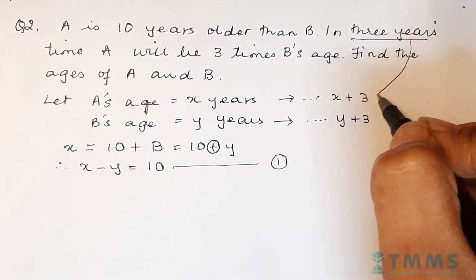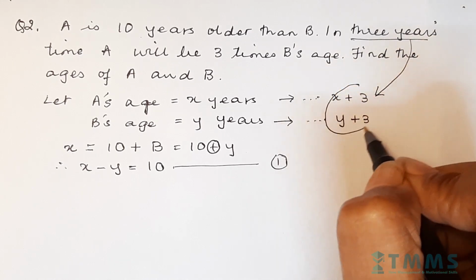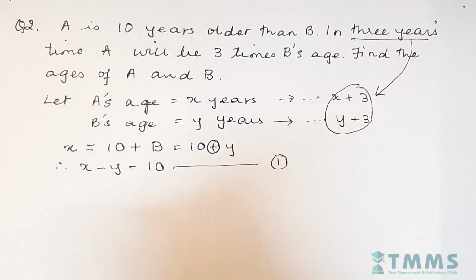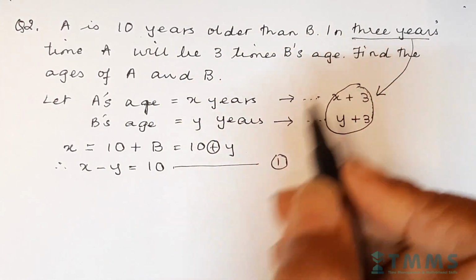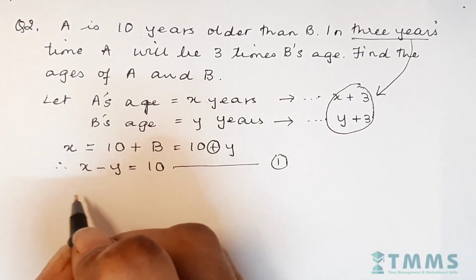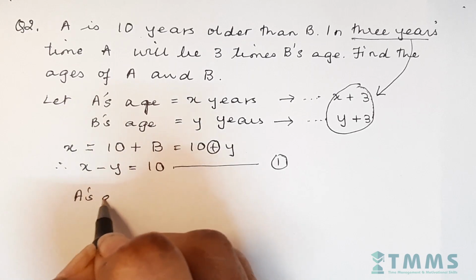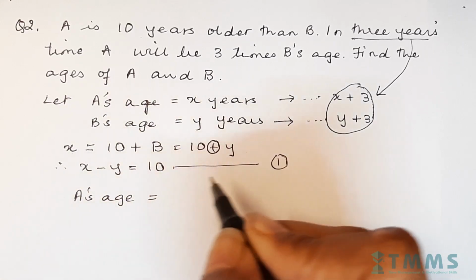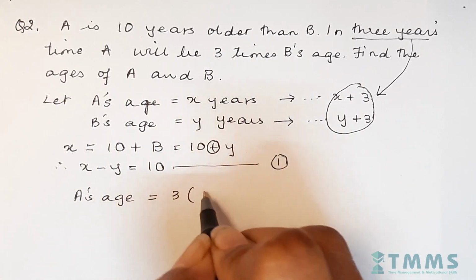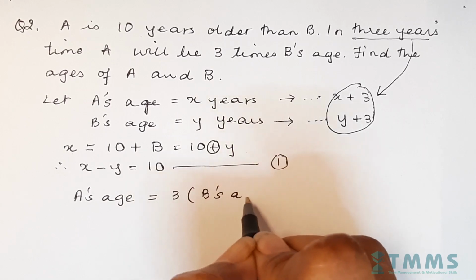That will be in 3 years' time. Now this is your thinking step. And so we are going to say A's age is going to be 3 times B's age.